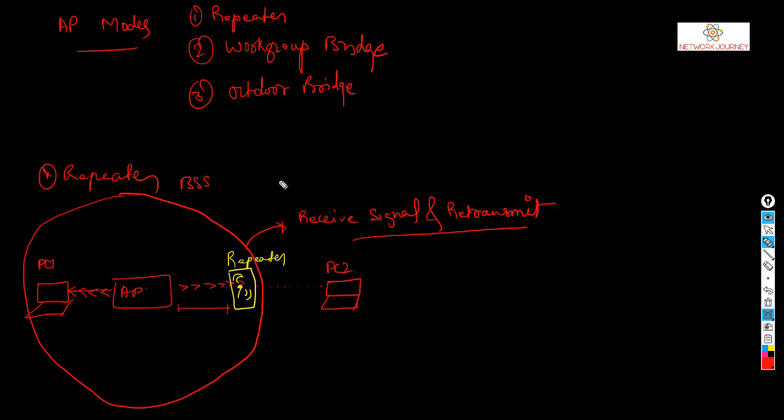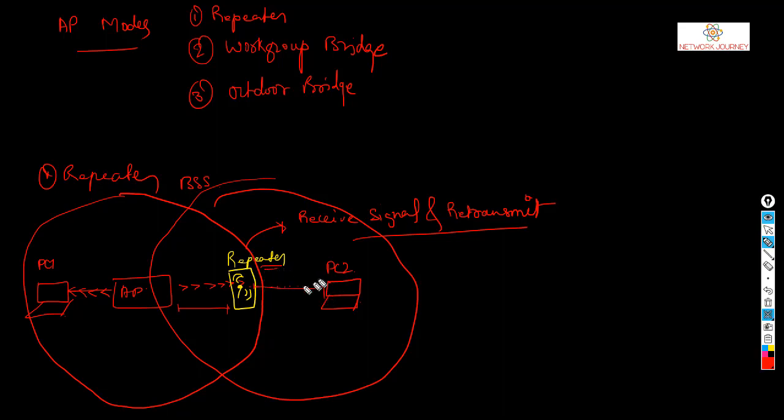So if I draw another circle from the repeater's point of view, that's how PC2 will have the boosted or retransmitted signal. Okay, so the repeater and the AP should fall under the same BSS. They cannot be quite far away. Okay, so that was with regard to repeater.